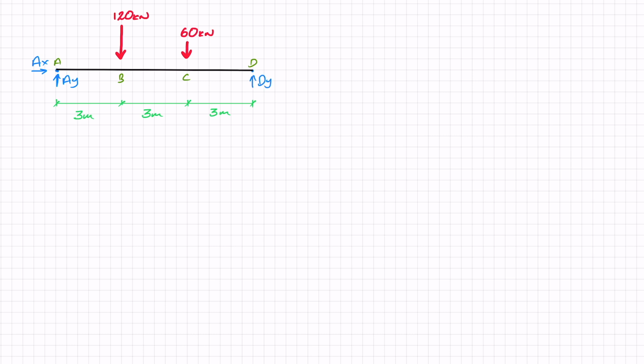So now that I have my free body diagram, I can see that I have three reaction forces that I need to find, and I know that I have three equations of equilibrium in 2D, meaning that I can find these reactions. So let's start off with that. Before I find the reactions though, I need to agree on my positive sign convention, which looks like this.